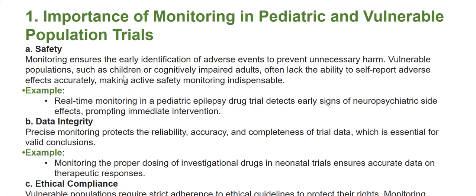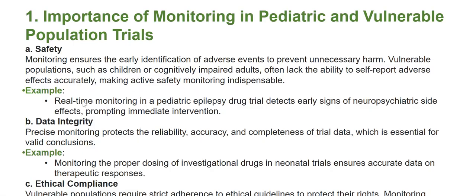Vulnerable populations such as children or cognitively impaired adults, and those are just examples because there are far more varieties of vulnerable populations, often lack the ability to self-report adverse effects accurately, making active safety monitoring indispensable.